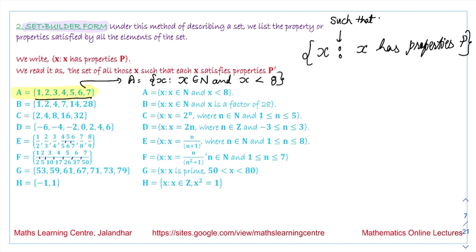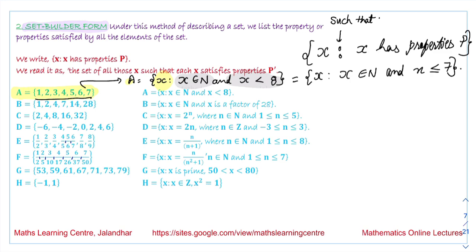You can also write it as x such that x belongs to N and x is less than or equal to 7. So it is up to you how you want to write. How we read this is: A has elements x, and the definition of x is a natural number and x is less than 8.